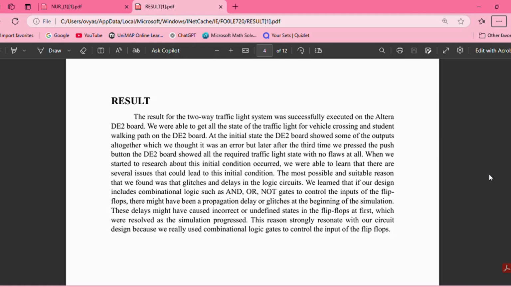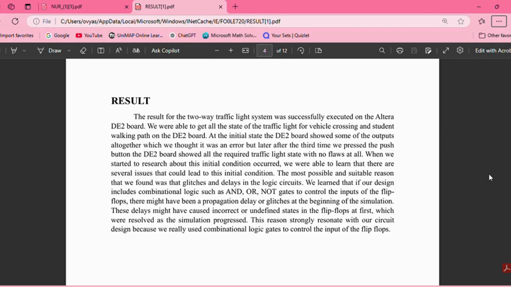When we started researching why this initial condition occurred, we learned that there are several issues that could lead to it. The most possible and suitable reason that we found was glitches and delays in the logic circuits. We learned that if our design includes combinational logic such as AND gates, OR gates, or NOT gates to control the inputs of the flip-flops, there might have been a propagation delay or glitches at the beginning of the simulation.